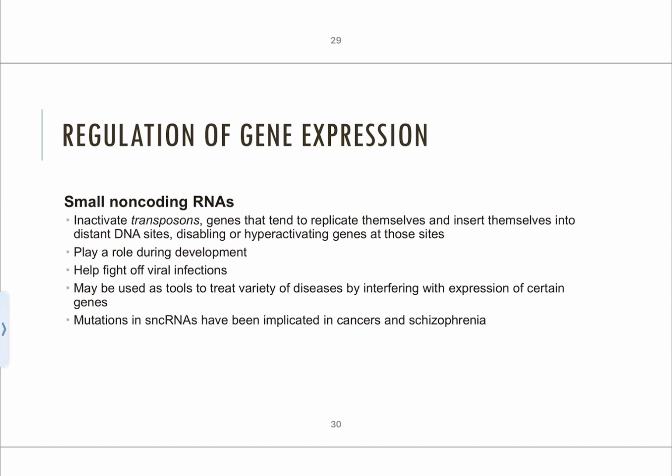So they inactivate transposons. Transposons are what we call jumping genes because they can kind of jump around. And these genes that tend to replicate themselves and insert themselves into distant sites, they can either disable or hyperactivate genes wherever they're at. They play a role during development.